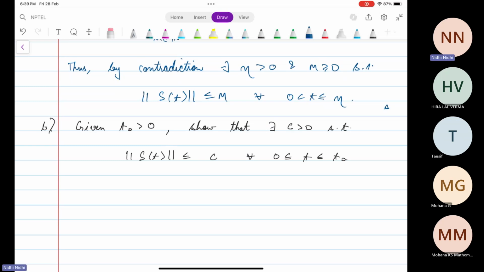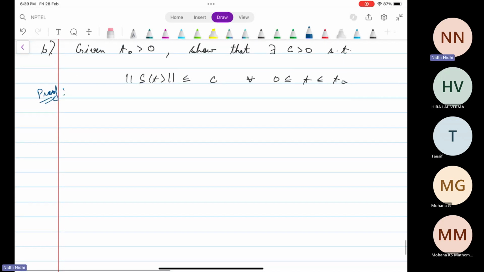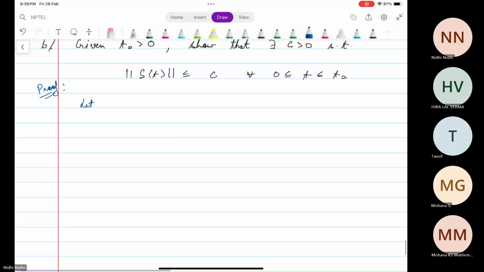Let's prove it. Let eta and M be as in part A, and without loss of generality, I can take M to be strictly greater than 1.